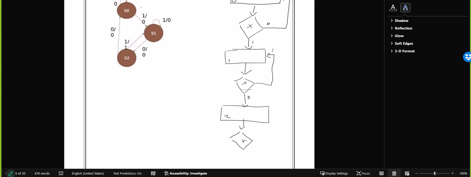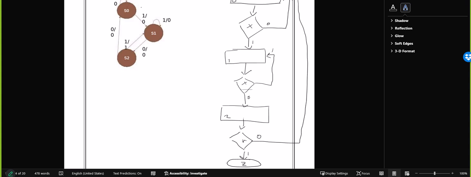And if X is 0, I go back to state 0. And if X is 1, then I have an output. I can probably just put Z. I think that means Z equals 1.